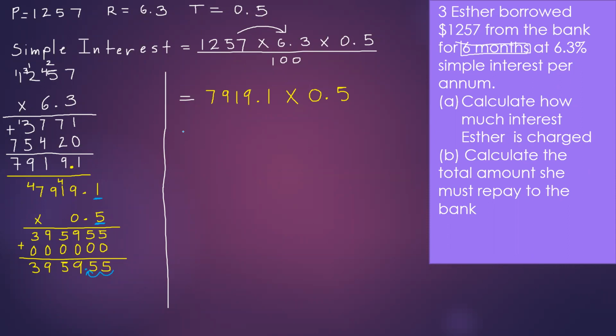Let me see if I multiplied this right. 1257 times 6.3 is 79191. Multiplied by 0.5. Yeah, we did. It's going to be equal to 395, 9.55.